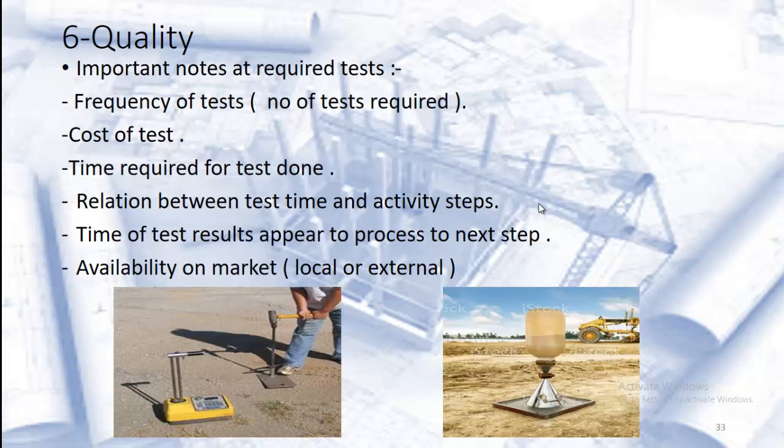After installing the pipe in the trench and partially backfilling, we start this test. After the test is finished and passed, we can complete backfilling. So this test is during the activity steps, not after finishing it.